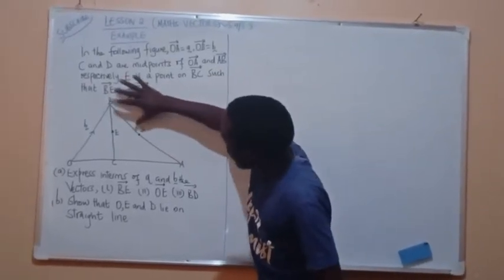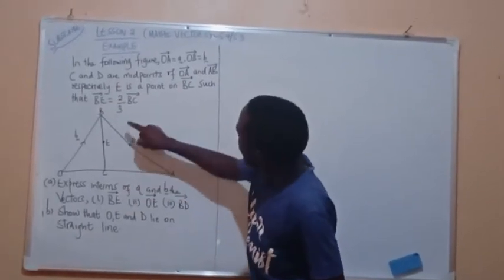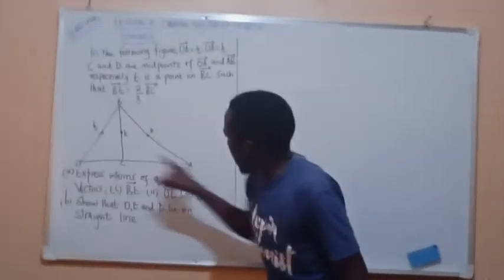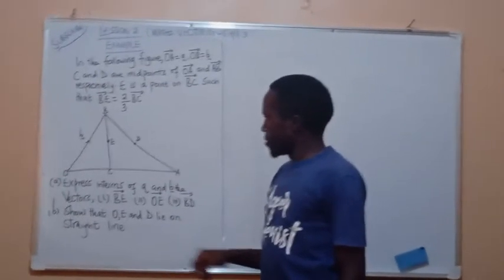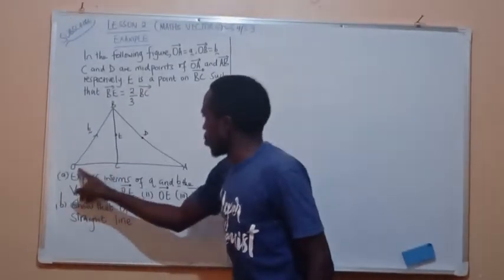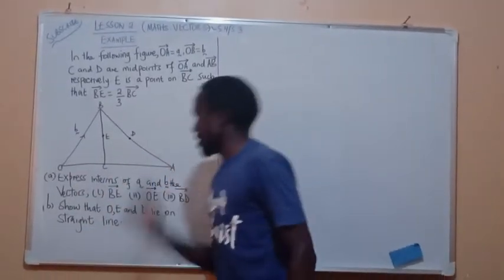So D is dividing BA into 2, and also C is dividing OA by a half. Since C is a midpoint of OA, it means that OC is equal to CA. They are equal in magnitude.